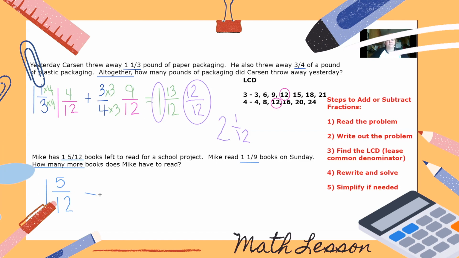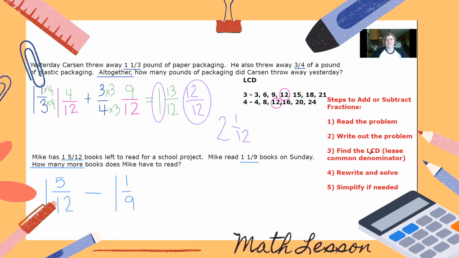But he has already read, so we're going to take away what he already read, and he already read 1 and 1/9. So our problem now is going to be 1 and 5/12 minus 1 and 1/9.